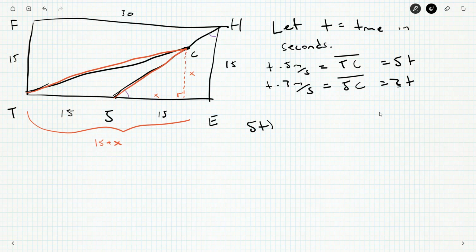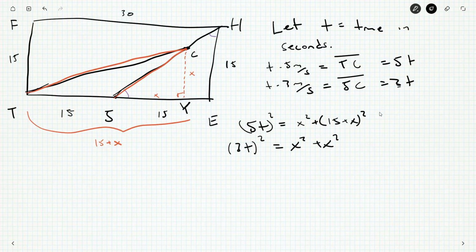So 5T squared is going to be X squared plus 15 plus X squared. So this is the TC, I don't know, let's call this not X, Y, point Y here. So TCY, right angle triangle. And we also have 3T squared should be X squared plus X squared.